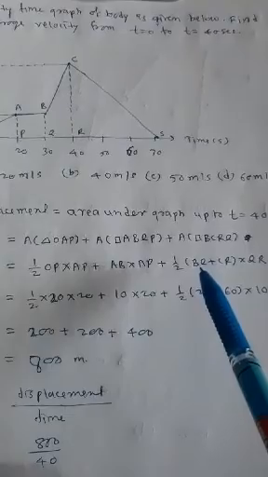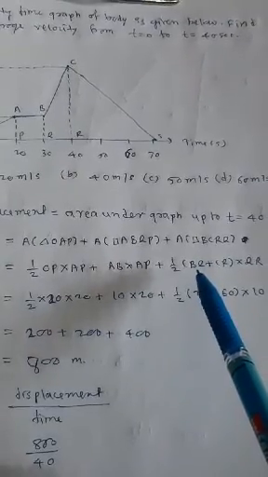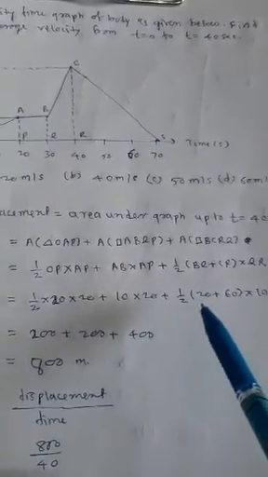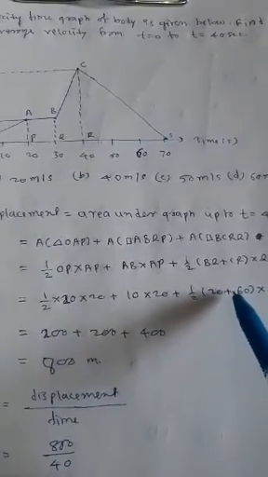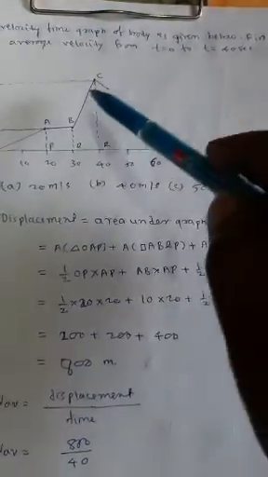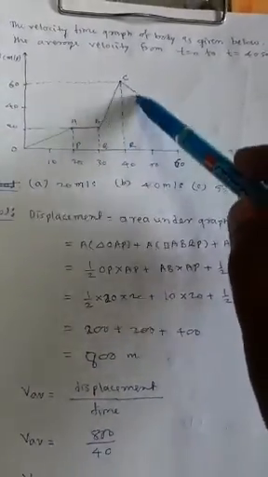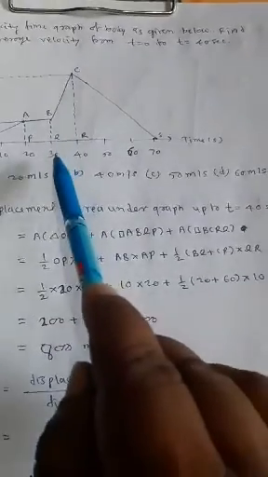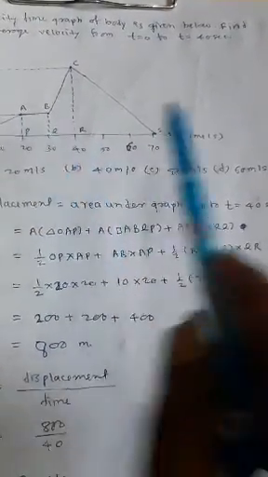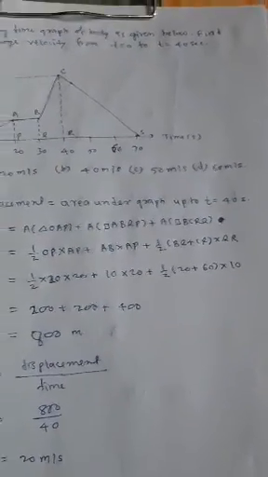The value of BQ is again 20, and the value of CR is 60. Therefore, we can write here 60 into QR, again 40 minus 30 is equal to 10.